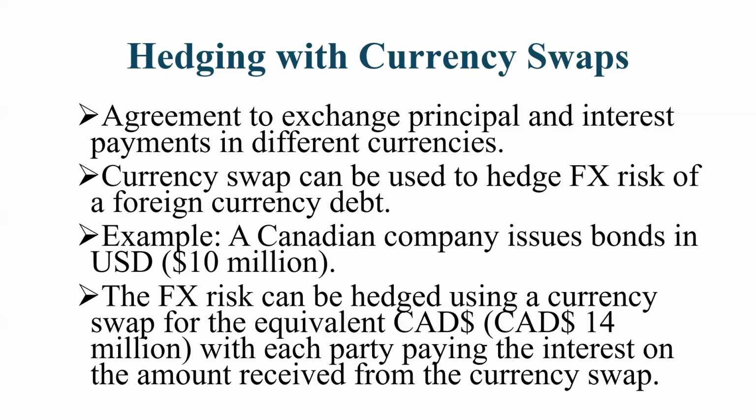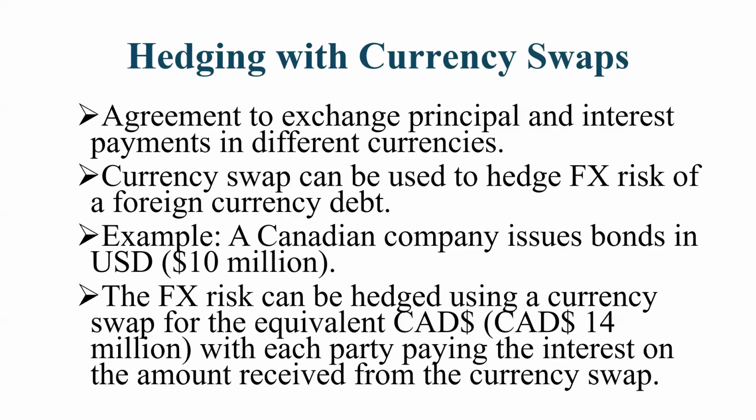So let's look at an example of a currency swap. As indicated earlier, a currency swap can be used to hedge FX volatility of a foreign currency loan, right, or a bond issue. So a Canadian company has issued bonds in US dollars. Let's assume $10 million. And this bond issue requires periodic interest payments and principal payment in US dollars.